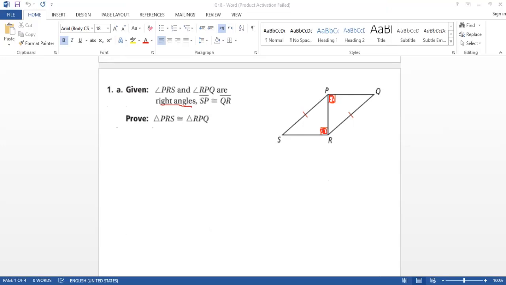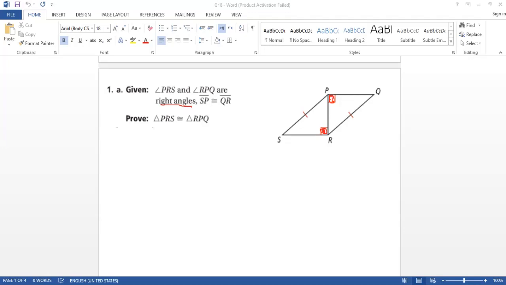Prove that triangle BRS is congruent to triangle RPQ. Again, let's read our given again. Angle BRS and angle RPQ are right angles. SP is congruent to QR. Prove that the two triangles BRS and RPQ are congruent.